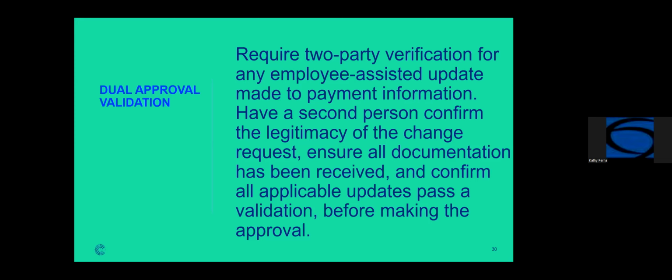If you have somebody at your company making changes to bank accounts on behalf of suppliers, so when the supplier emails in and says, hey, I need to make a change to my bank account, they go ahead and do their additional verification. They call out to the company, but then additionally, you need another person at the company to verify that the information they're changing is correct. So it's a lot of validations upon validations, but it's important to make sure that you have these controls in place so payments aren't being hijacked.